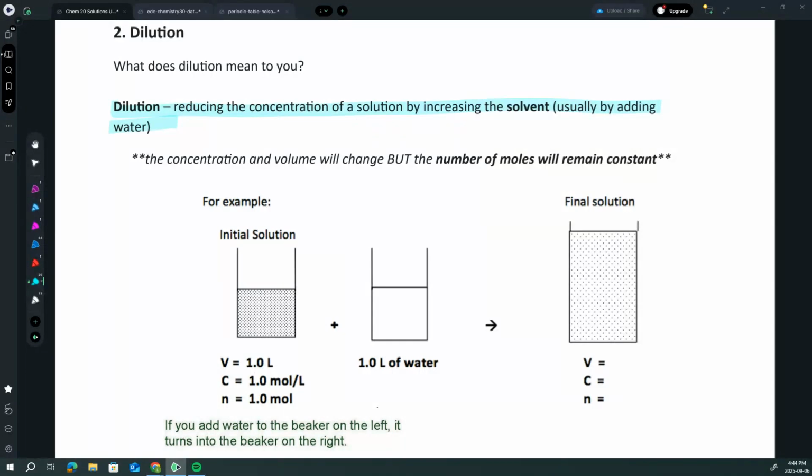However, the moles of your solute will remain the same. The best analogy I've seen to make this point is to imagine a glass of water with a couple of loonies in it. In this scenario, we're pretending that the loonies represent our solute.